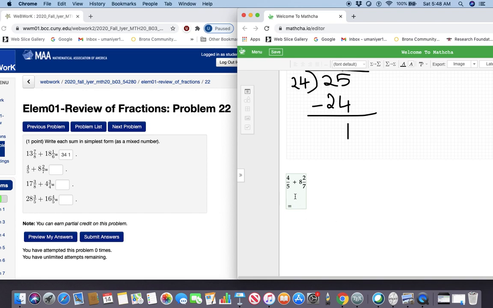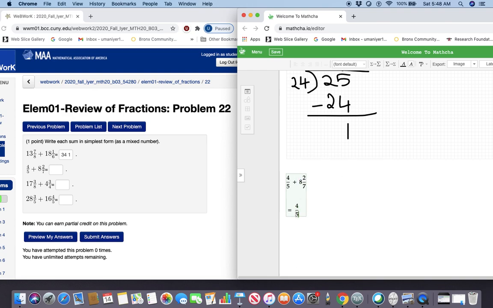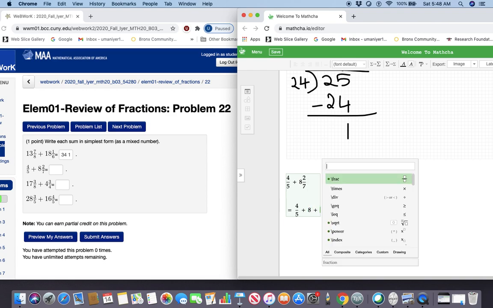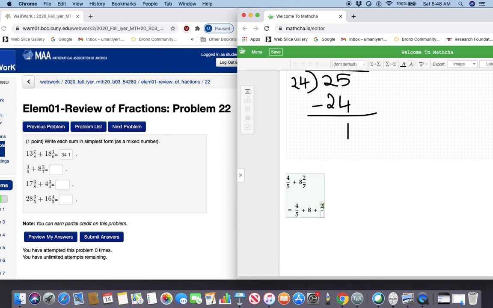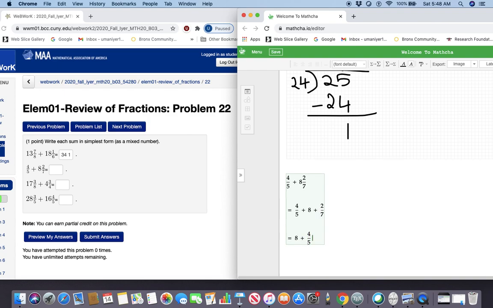So let me explain what I mean. 4 over 5 plus 8 and 2 sevenths is nothing but 8 plus the fraction 2 over 7. So let me put the 8 aside and just worry about the fractions. That's 4 over 5 plus 2 over 7.